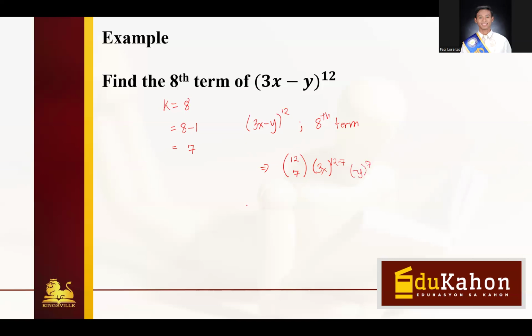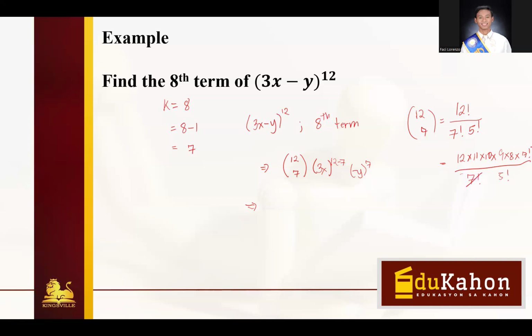Now, by simplifying 12 taken 7, we have 12 factorial divided by 7 factorial times (12 minus 7) factorial, that is 5 factorial, right? So this will be 12 times 11 times 10 times 9 times 8 times 7 factorial divided by 7 factorial times 5 factorial.